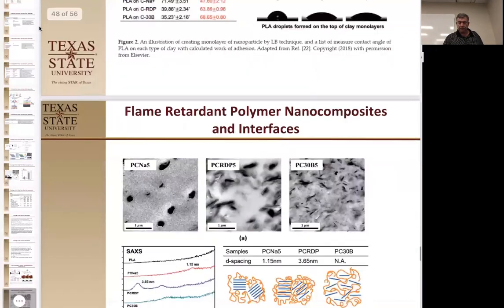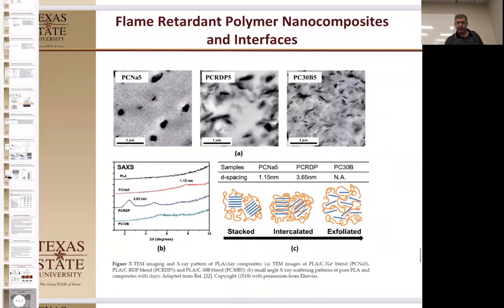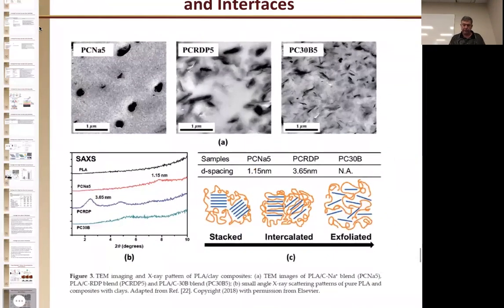So what did they see from this? Well, they then incorporated it into a composite. We have the sodium one there, which doesn't look very well dispersed. We have this one here, and then this one here, which looks very well dispersed. Of course, the small angle X-ray scattering shows us this.